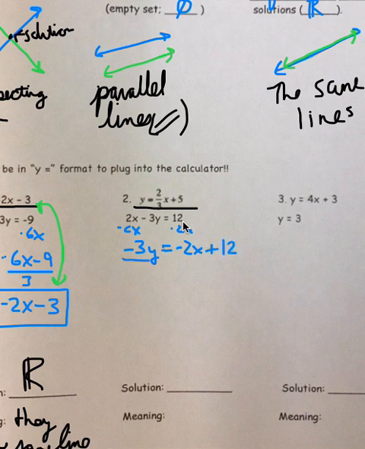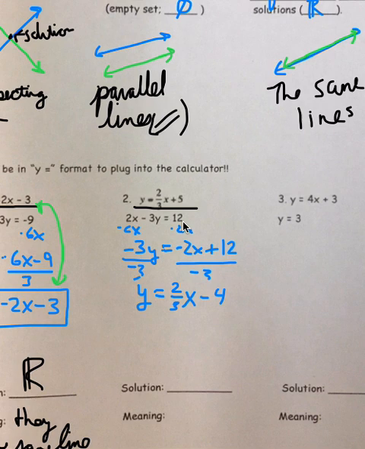Then I need to divide by negative 3. So then I get y is equal to positive 2/3 x, 12 divided by negative 3 is minus 4.